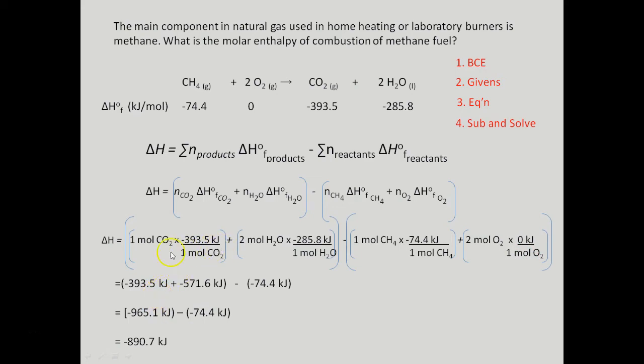The per moles cancel out, and we're left with just kilojoules. Then I add the values together, and we get an enthalpy change for the combustion of methane, for the balanced reaction written above, of negative 890.7 kilojoules.